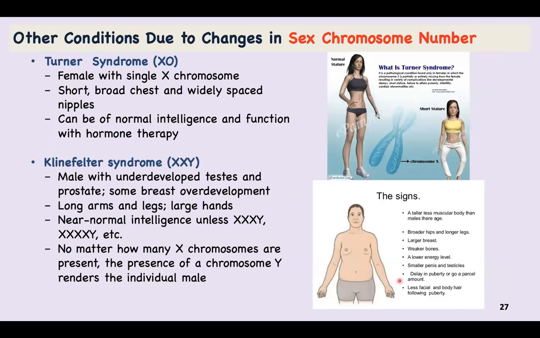Yang ni dia tak develop organ, cuma dia macam jadi dia punya body tu dia develop breast, betul tak? Dia tak ada an extra organ. Kalau Kunsa dia ada 2 organ, betul tak? Klinefelter is not Kunsa. Oh, I see. Okay, kalau Kunsa dia ada dua-dua. Yang ni dia tak ada dua-dua, dia cuma underdevelop je dia punya testis dia and prostate, and dia ada breast overdevelopment.